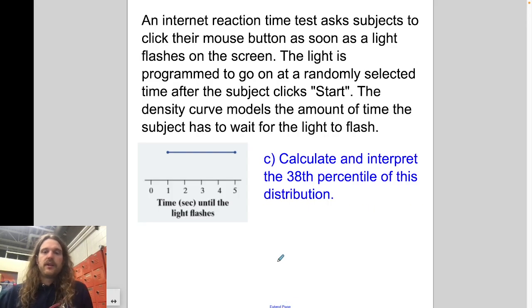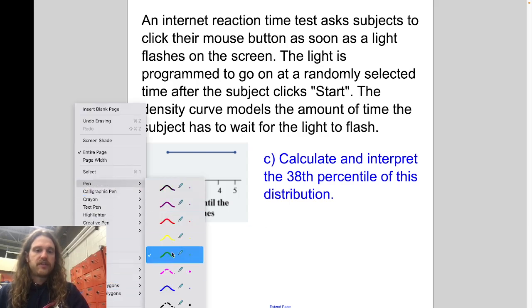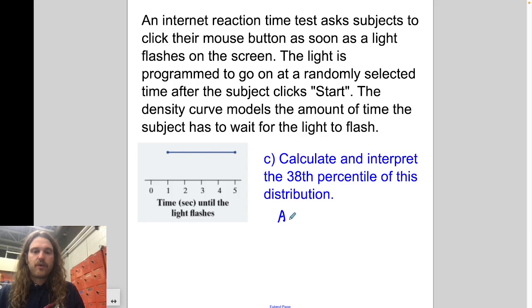Calculate and interpret the 38th percentile of this distribution. So this is different. We know this is a rectangle, so we have that same formula, area equals length times width, or base times height, whatever you want to call it. We'll use base times height for this rectangle. The question here is, calculate and interpret the 38th percentile.